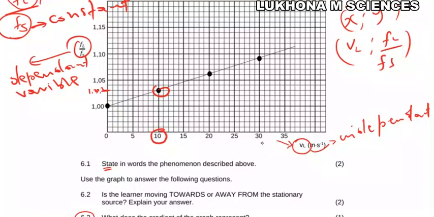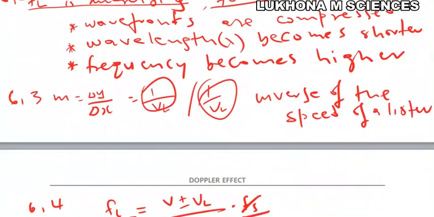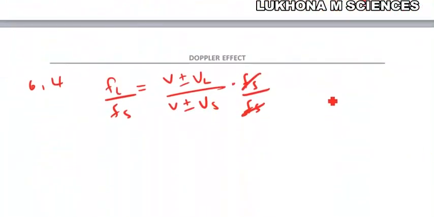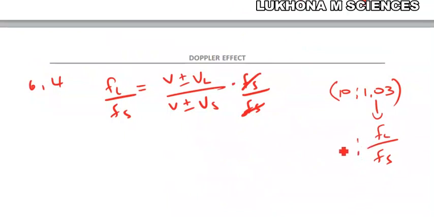So the coordinates are 10 and 1.03. Then this ratio is equal to FL divided by FS. So we have 10 against 1.03.